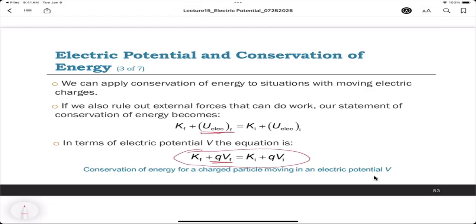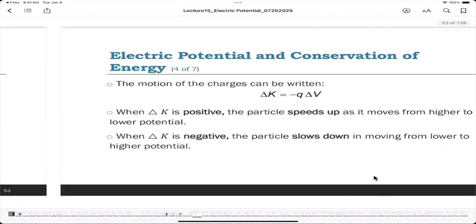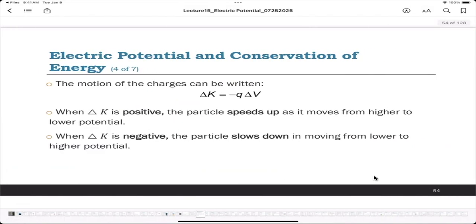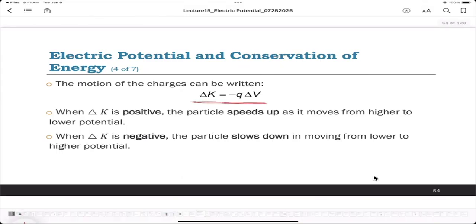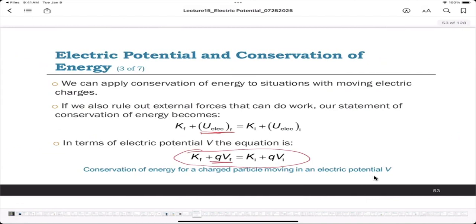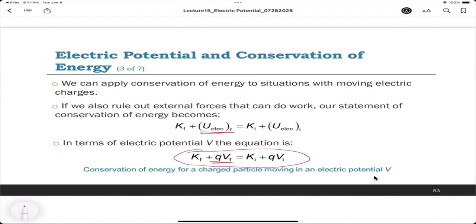This is conservation of energy for a charged particle moving in an electric potential V. The motion of charges can be written like this: Kf minus Ki equals qVi minus qVf.